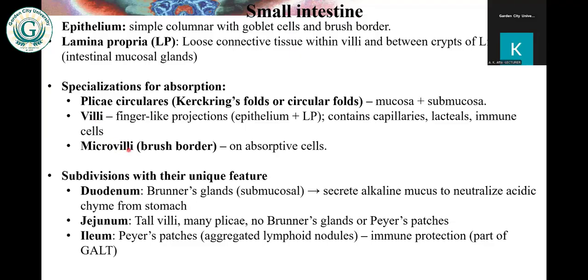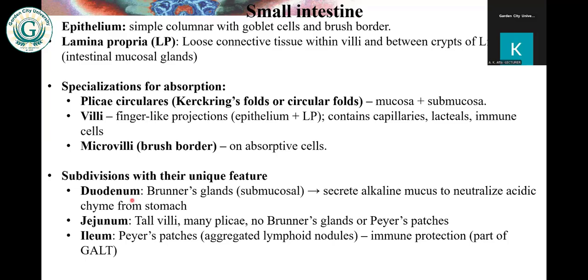How do we distinguish the different segments of the small intestines? After the stomach has digested the food into a semi-liquid chyme, remember there's acid in it. So we say acidic chyme gets into the duodenum.